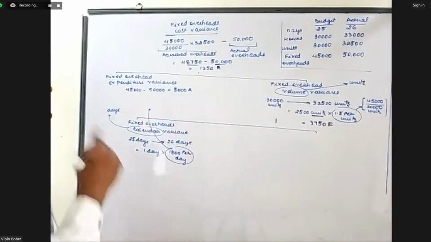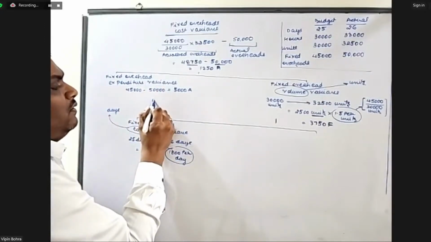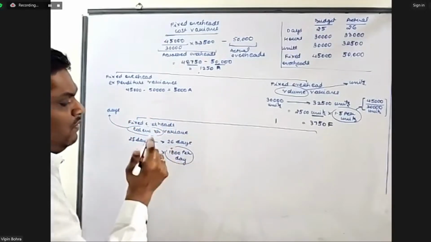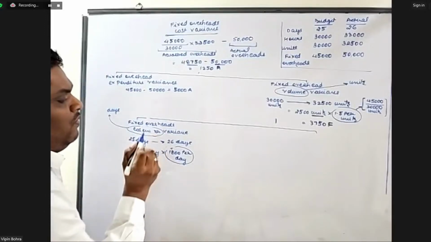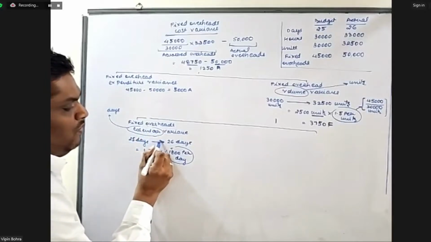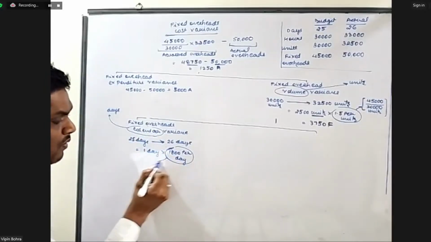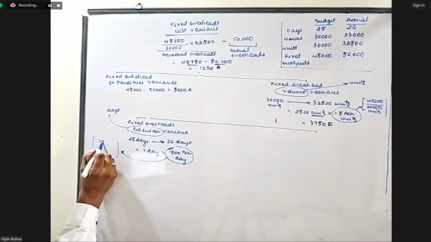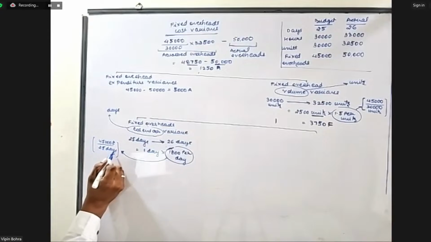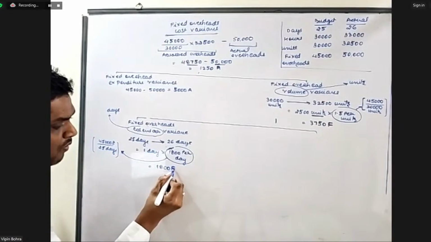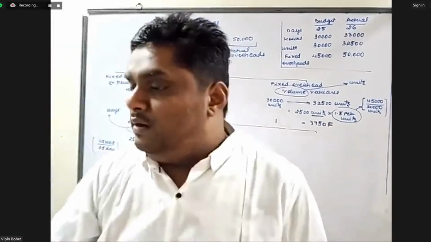Very simple, guys. 45,000. Very important, this variance will be favorable.